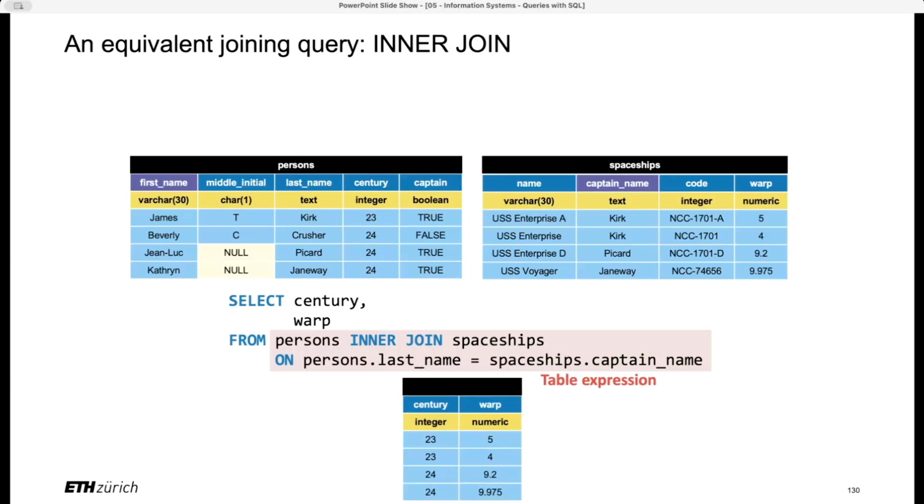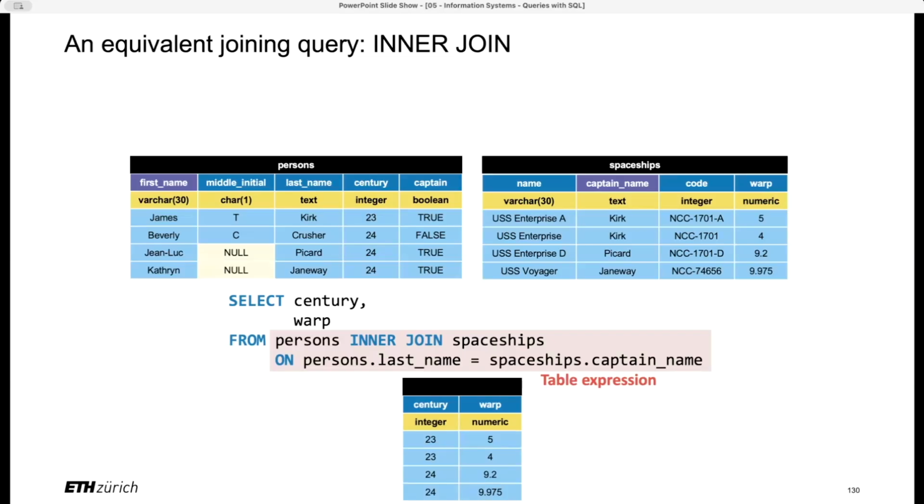Can you spot it? Raise your hand when you see it. Crusher, exactly. Crusher is not a captain, so it doesn't have a match. And that's why we call it an inner join, that you only output those that match.